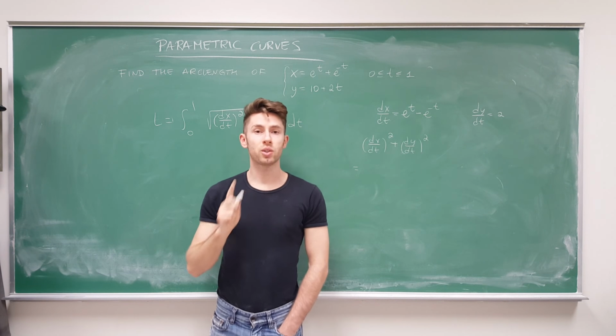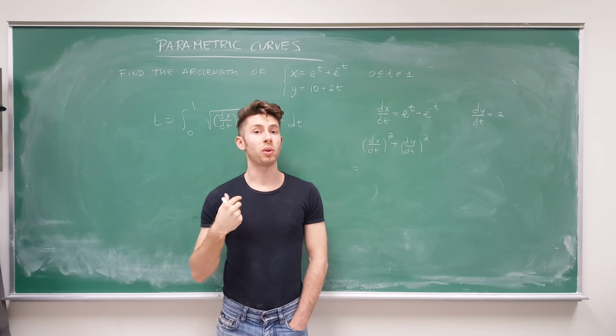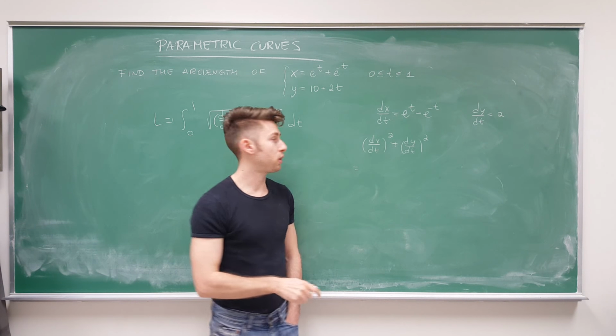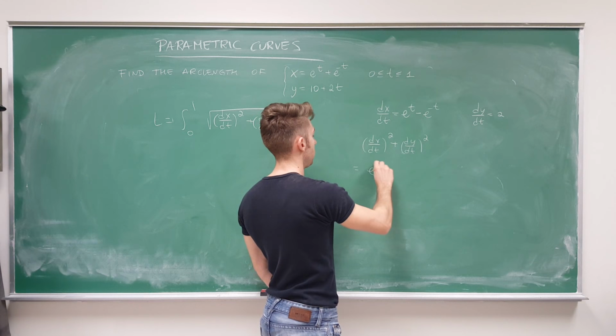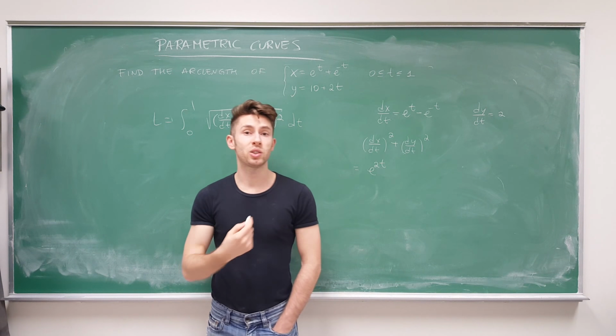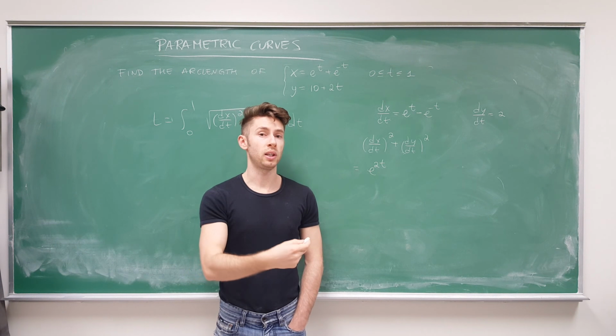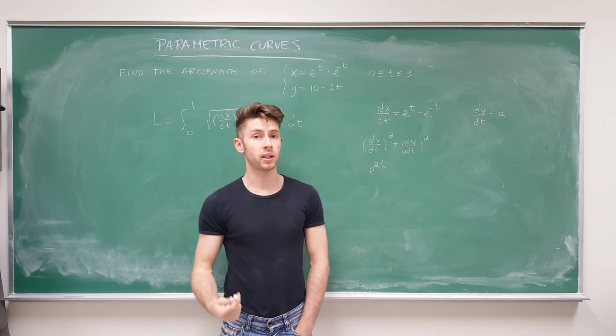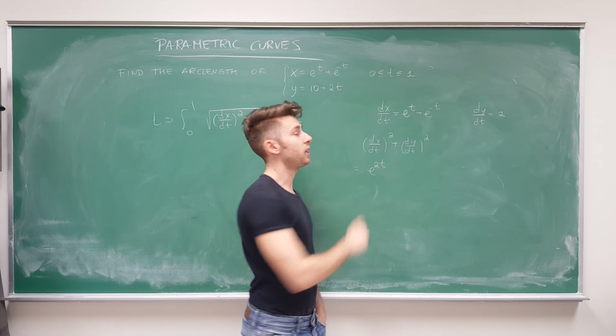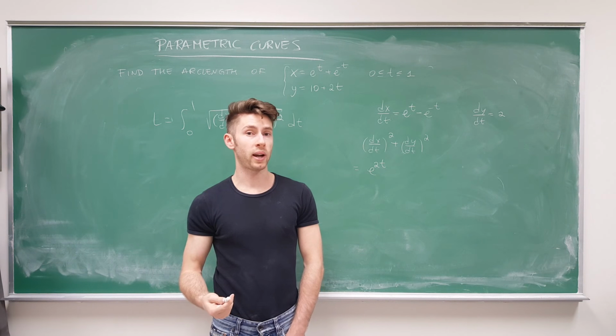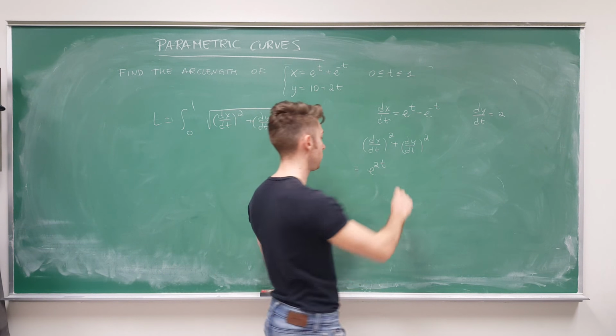So here I have the square of a binomial, so that's coming with 3 terms. The square of the first one: e to the t squared is the same as e to the 2t, because with a power of a power, you multiply the exponents. Then here I'm going to have e to minus t squared, so that's e to minus 2t.